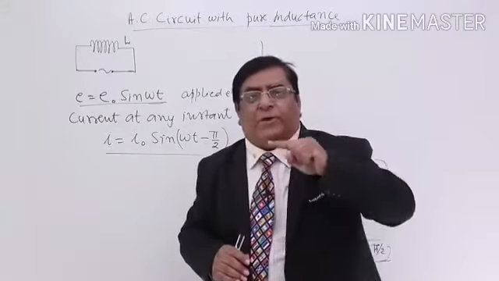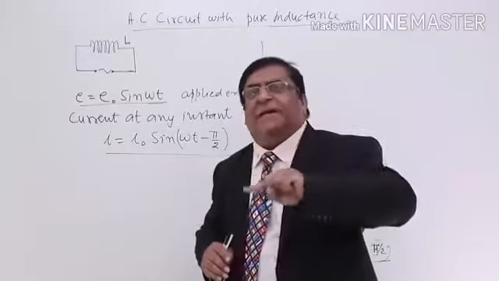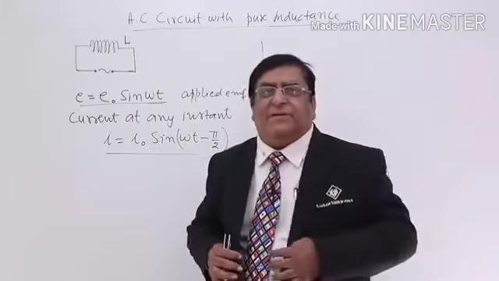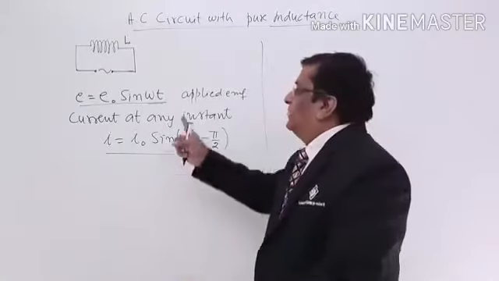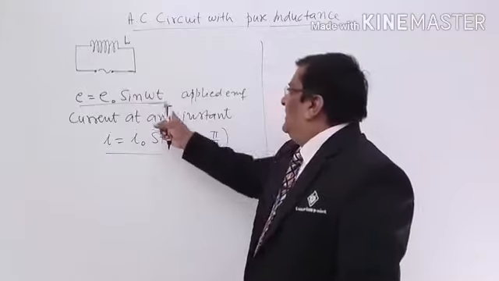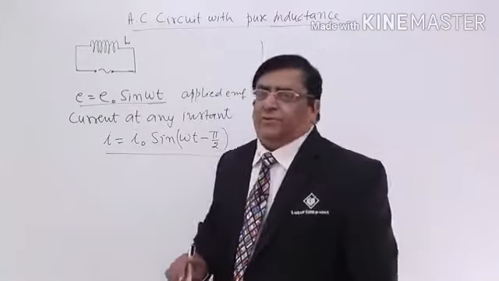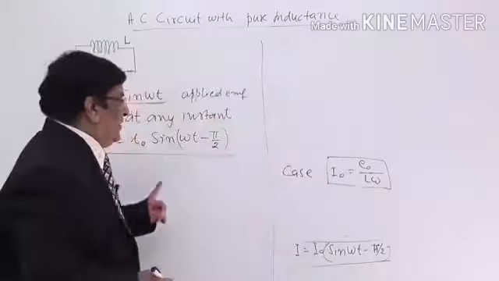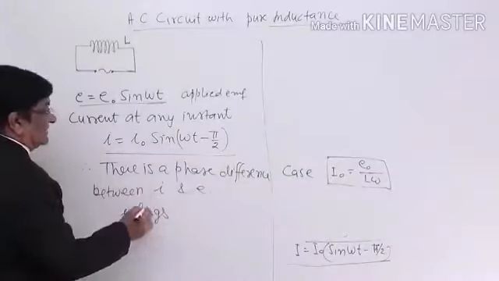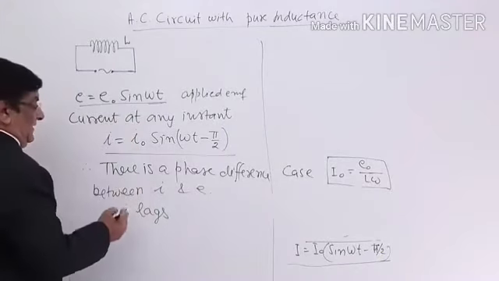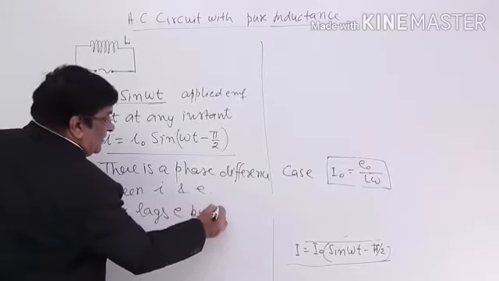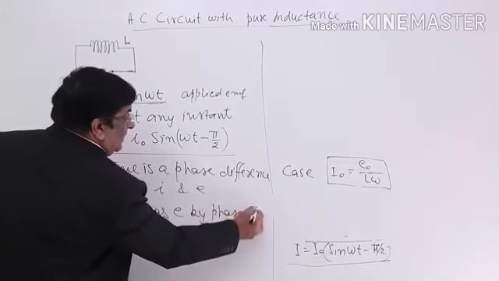So first voltage will increase, after that current will increase, and this we had discussed in the previous lecture as phase difference. So there is a phase difference when we are using an inductor, and that phase difference is pi by 2. And this thing we mention here. This we call as I lags behind E. I lags E by phase pi by 2.